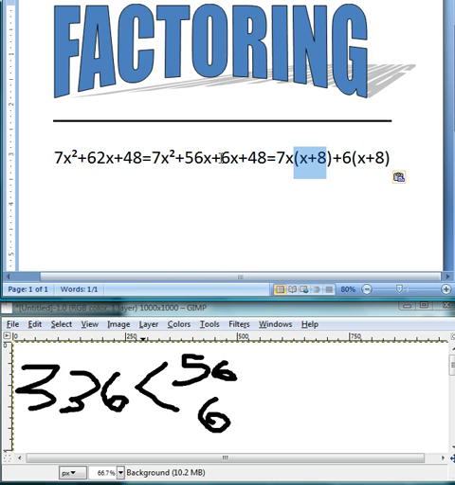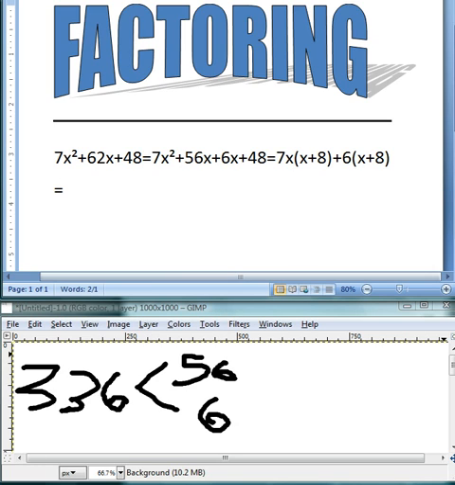Now, plus 6, you can take the 6 out of both of those. Your whole goal, you might need to manipulate it by only taking out 3 or whatever, depending on the problem, is to have the x plus 8 and the x plus 8 equal, so you may need to take out a negative 6 instead of a 6 in order to get those to equal, because that's very important for the next portion.